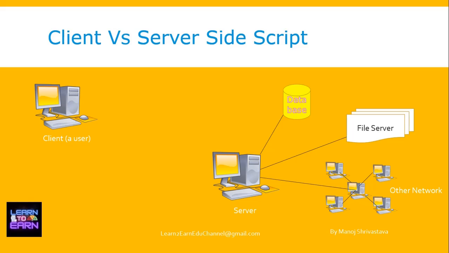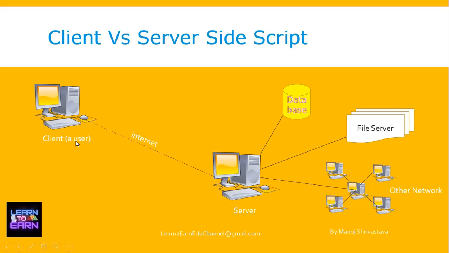Now, a client, a user, is also connected with our server via the internet. If the client sends some data to the server, and the server needs to do some processing on that input from the client, then it is called server side scripting. Before sending data from client to server, we can also validate that data.